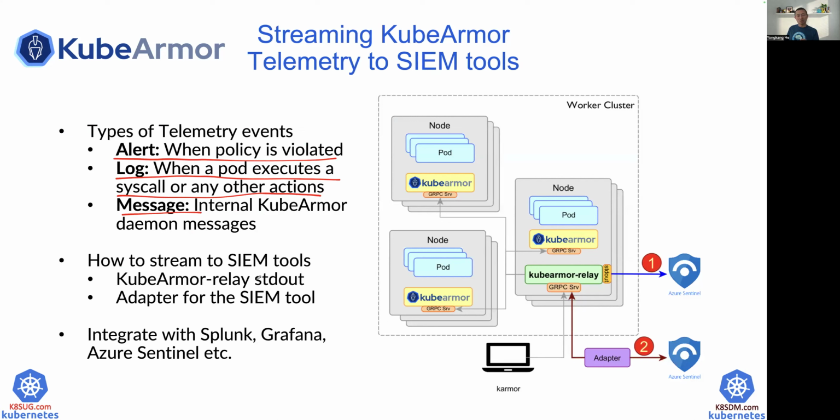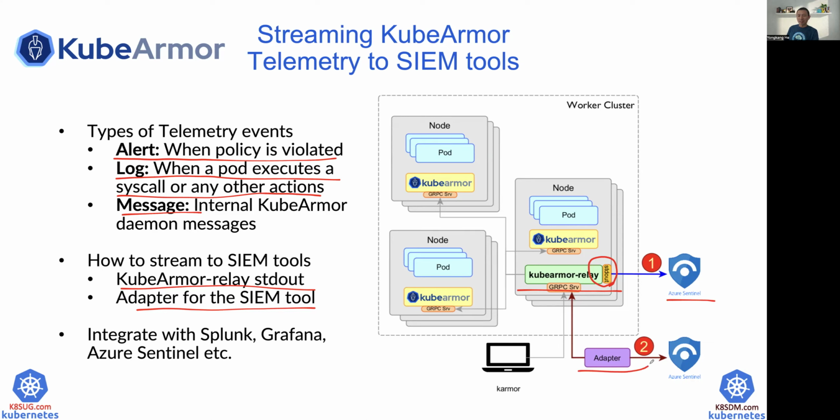So how do you stream to the SIEM tools? There are two ways. One is via the KubeArmor relay standard out. The second way is via an adapter. The first example here is using the KubeArmor relay, configuring the standard output to send to Azure Sentinel as an example.